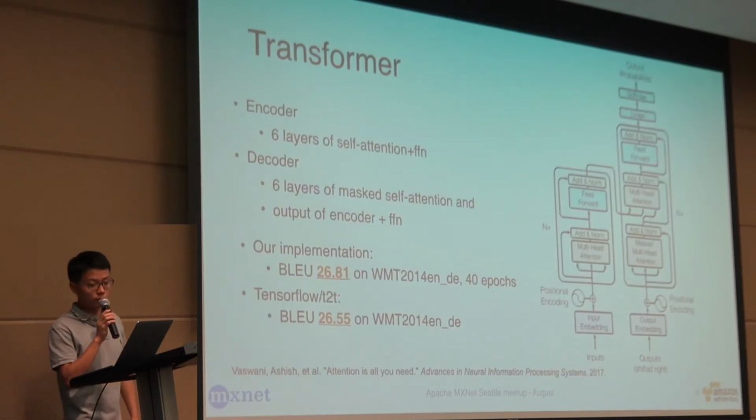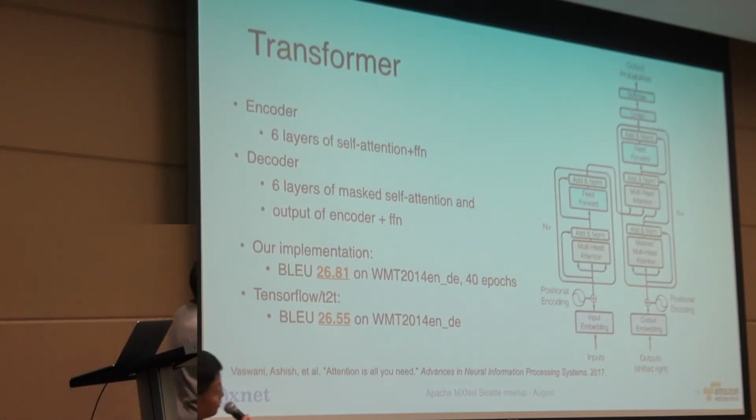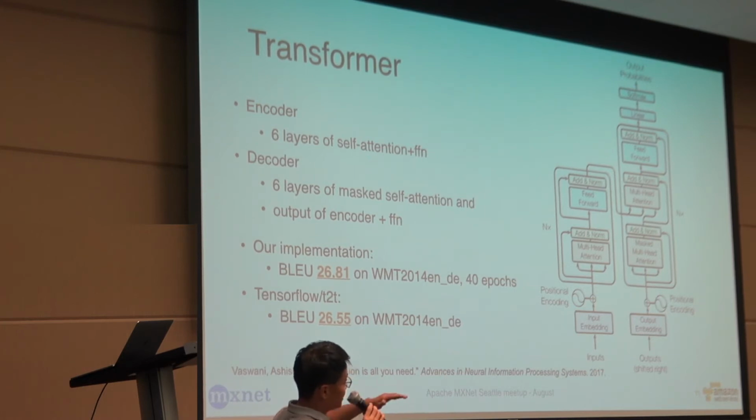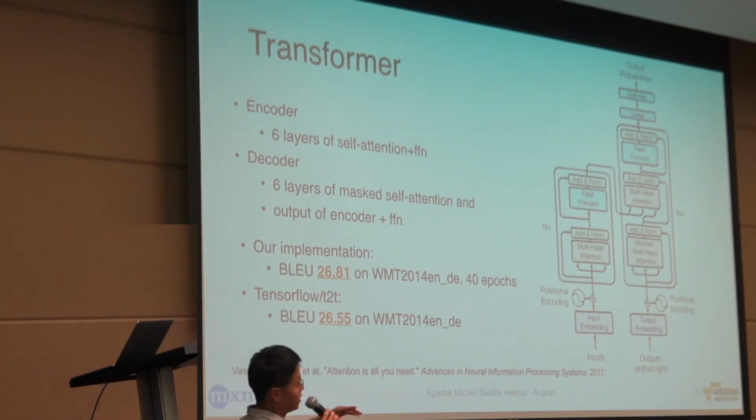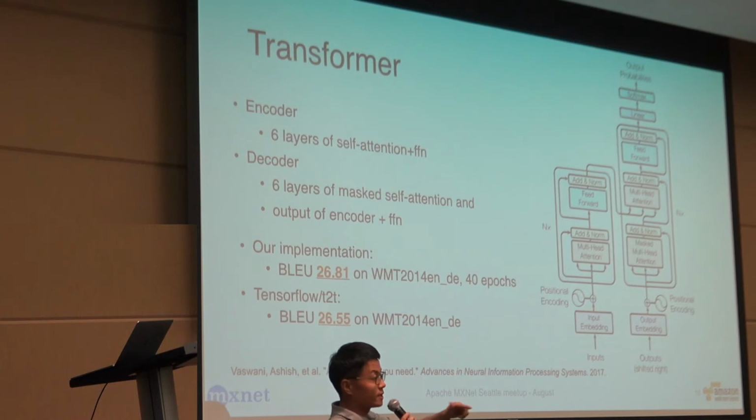Another one is the Transformer. This is a very hot topic in the NLP community recently. The Transformer disregards the LSTM, the recurrent neural networks, because they cannot read the data in parallel.